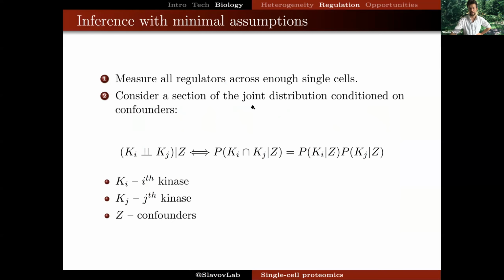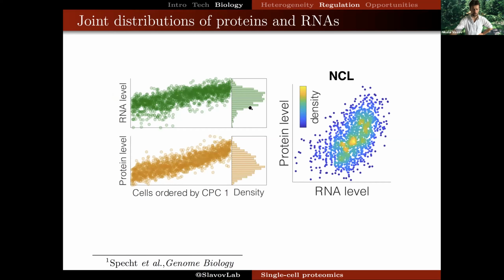Just to formalize this a little bit, what I would like to do when we have large enough, high quality data sets is simply to condition joint distributions based on confounders and ask whether those conditioned joint distributions are the products of the conditional marginal distributions or different, which can allow us to ask for dependence, for example, between kinases. Do they interact directly or indirectly, without making specific assumptions about parametric models? So it's a very initial first step in this direction.